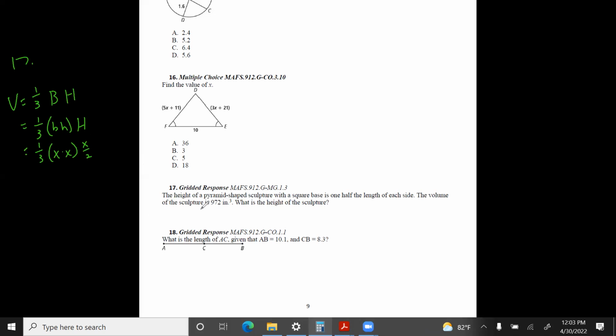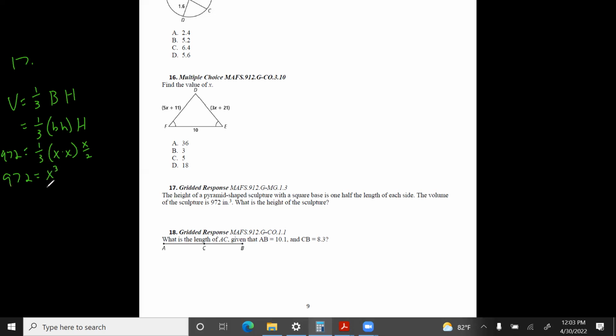They also told us that the volume is 972. So we're saying this equal to 972. So now, multiplying this out, we have 972 equals, on this side, we can put all these x's on top. So x times x times x is x to the 3rd.